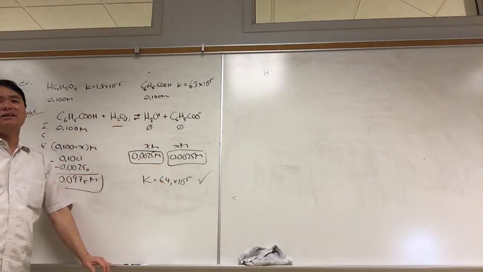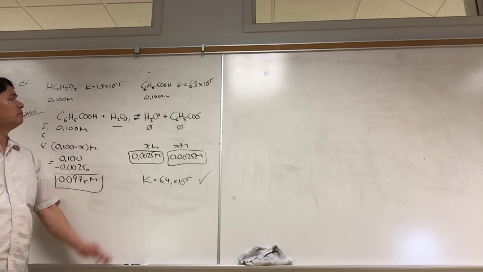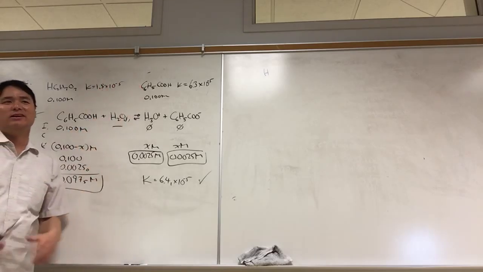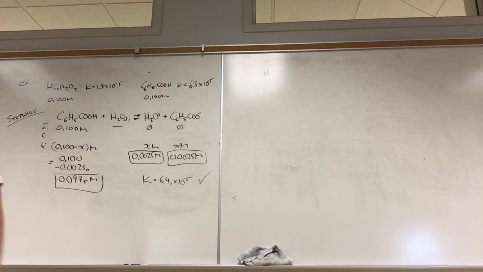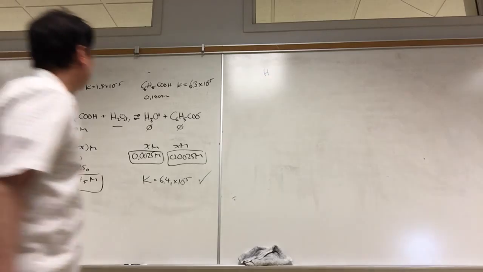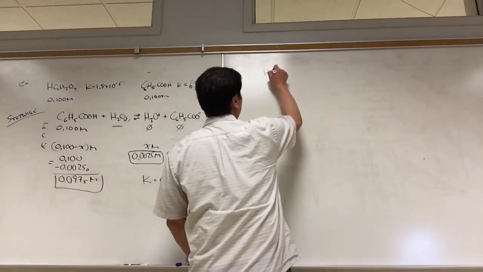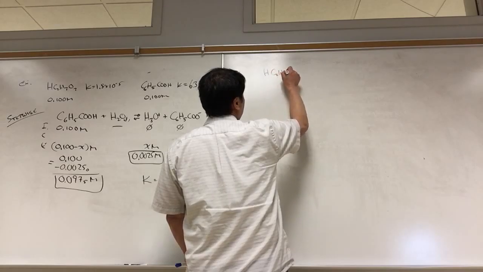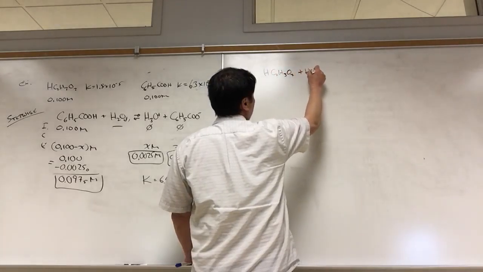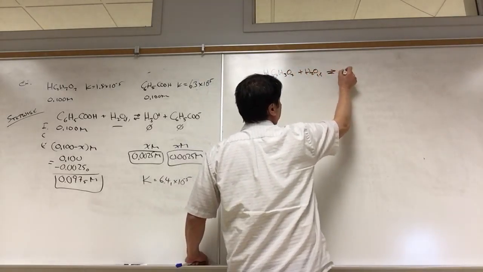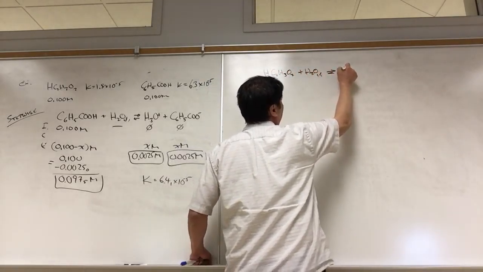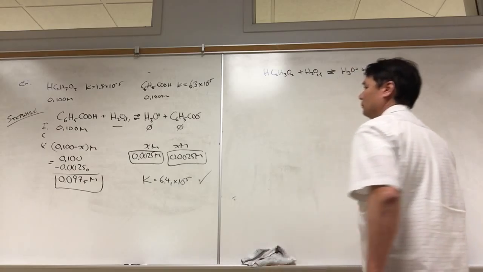I can't do that because the K's are pretty equal. And so the acetic acid should be a significant contributor. And so this is HC2H3O2, hydrolyzing water, giving hydronium and acetate.